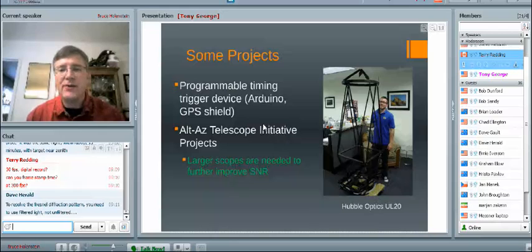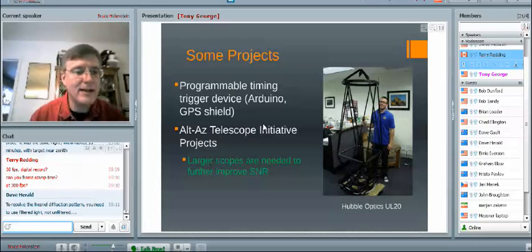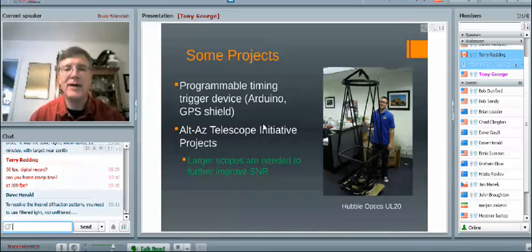So some projects that we have underway to enhance the value of our EMCCD cameras are to get at Terry Redding's question about timing. All of the EMCCD cameras have external timing or pulse triggers, and we are building a programmable timing trigger device based around an Arduino and a GPS shield.